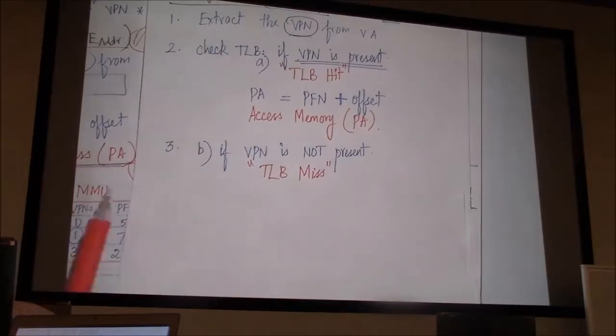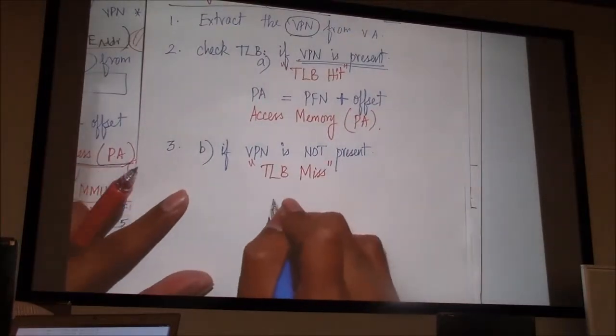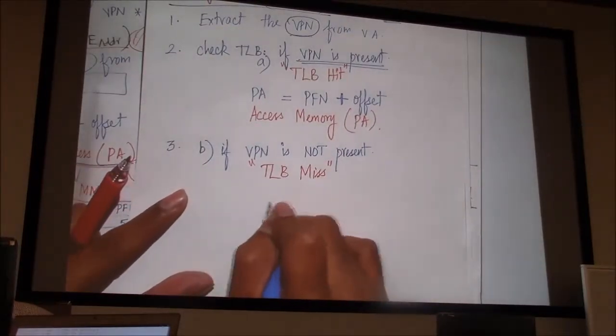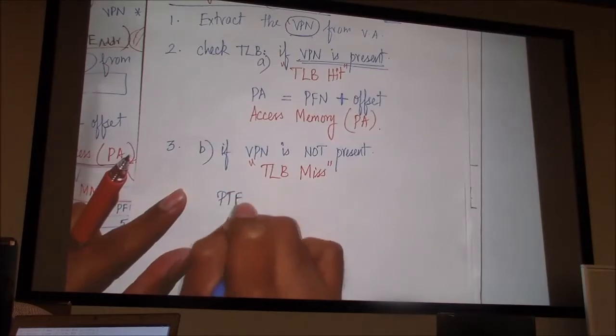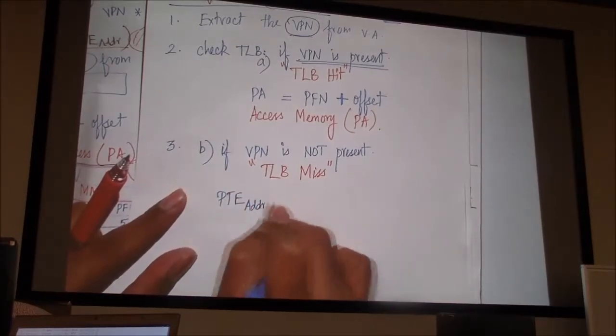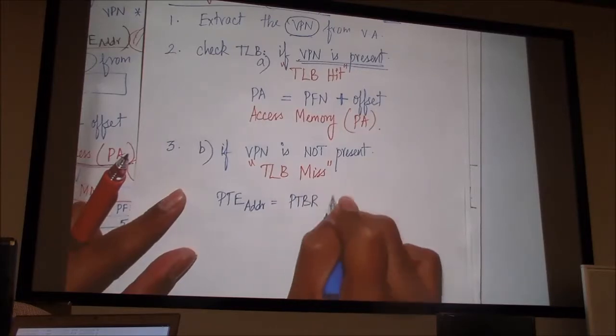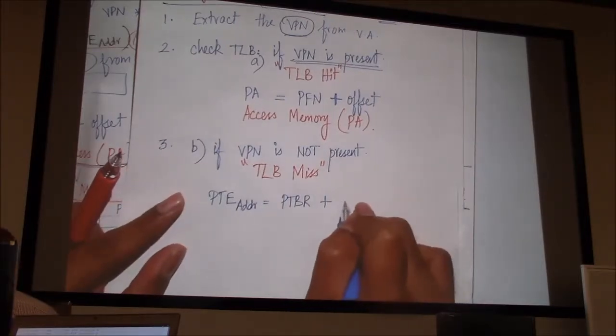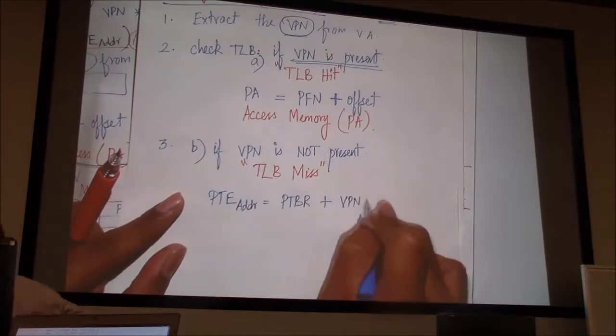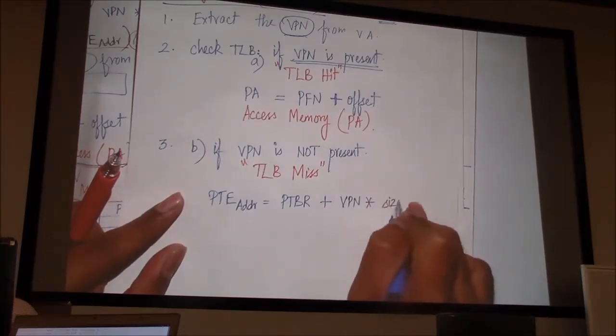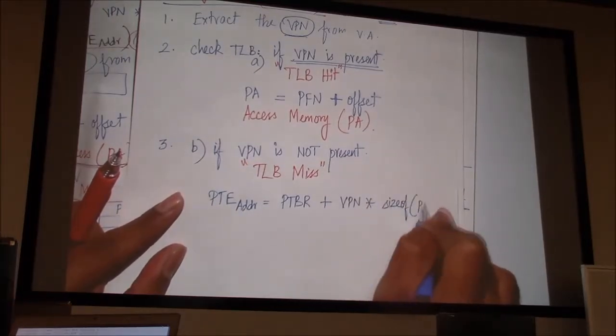For that, first you have to calculate the page table entry address. And we already know that we can use the page table base register and just add it with the VPN times the size of a page table entry.